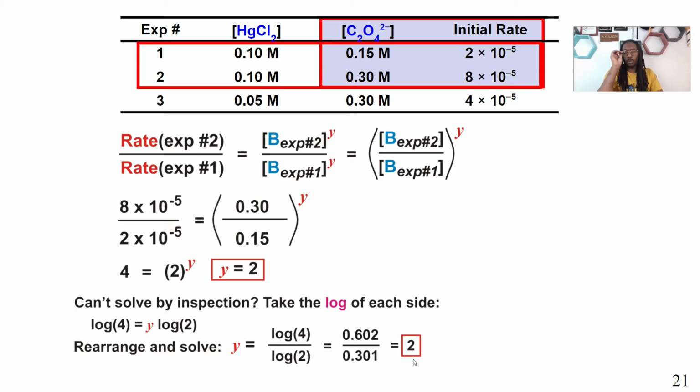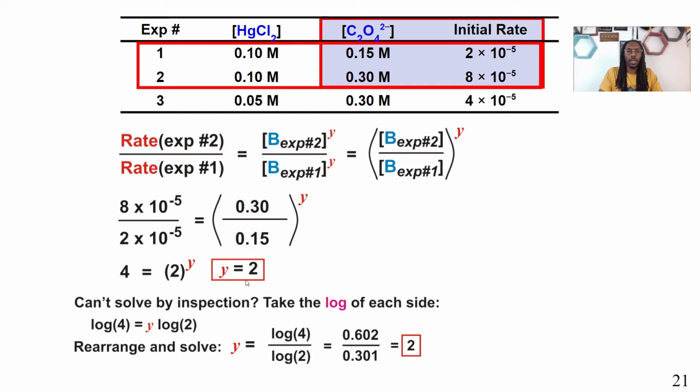Okay. So, like I mentioned, I like to show you guys multiple ways to do this stuff. So there's 2 ways to get the same answer here. You can either look at it, or you could just take the logs, if it's something that may be a little bit more complicated. All right.